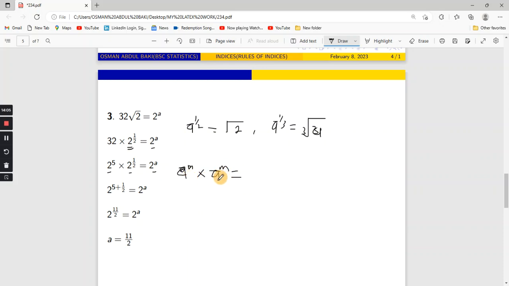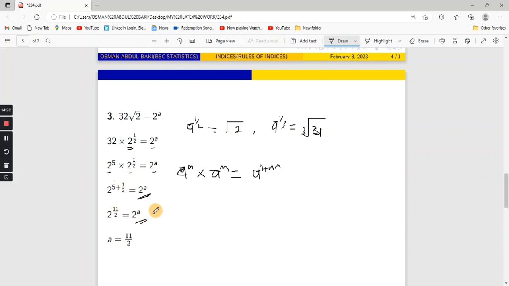When the bases are the same, you pick one of the bases and you add its exponents. So here we have the same base, so it's just a matter of picking one of the bases, then we add the exponents. That is 5 plus half, which is equal to 2 raised to the power a. And remember, 5 plus half is 11 over 2.